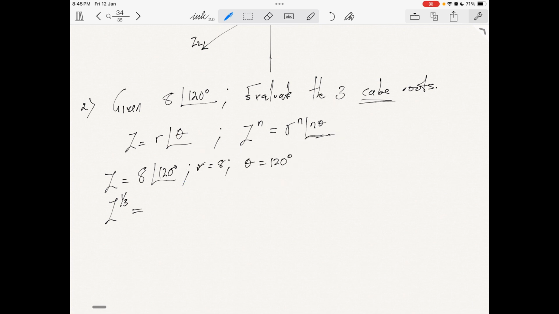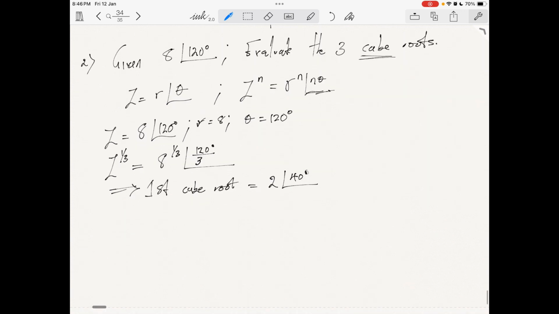Applying the formula, we have 8 raised to power 1 over 3 argument 120 degrees divided by 3. This gives us the first cube root: 8 raised to power 1 over 3 is 2, and 120 degrees divided by 3 is 40 degrees. So this is the first cube root.